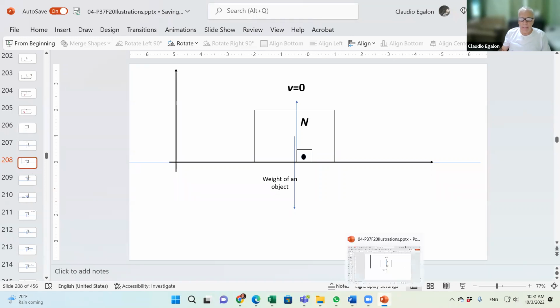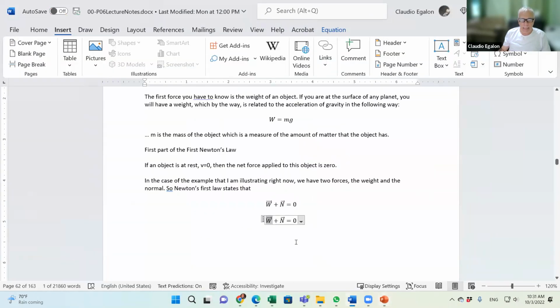We can write down the weight as being what? Minus mg in the y hat direction, plus N is going to be equal to 0. Make sense?